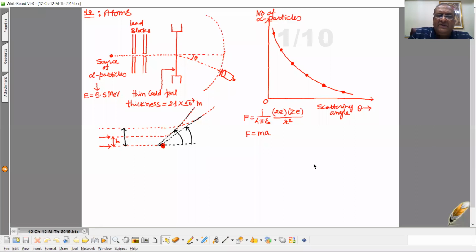Now here the schematic diagram of the experimental arrangement is represented in this particular figure. Okay. Here this one is the source of alpha particles, that is Bi83.